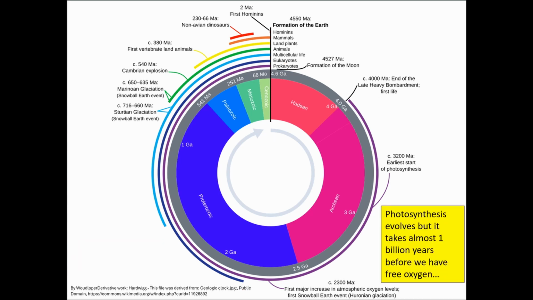If you look at here, about 3,200 million years ago, so 3.2 billion years ago, that's when photosynthesis evolves. But if you follow your little diagram here, it's almost a billion years later, 2.3 billion years ago, when you got free oxygen in the atmosphere. Prior to that time, the atmosphere was very different than what it is today, and it was very noxious.